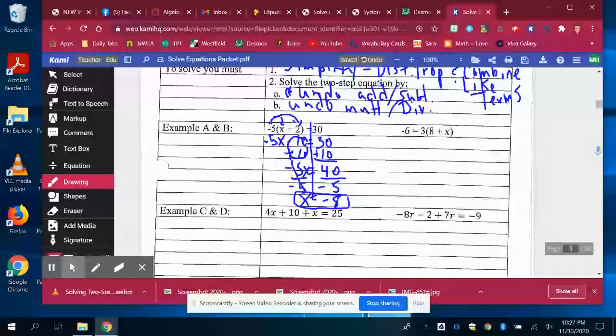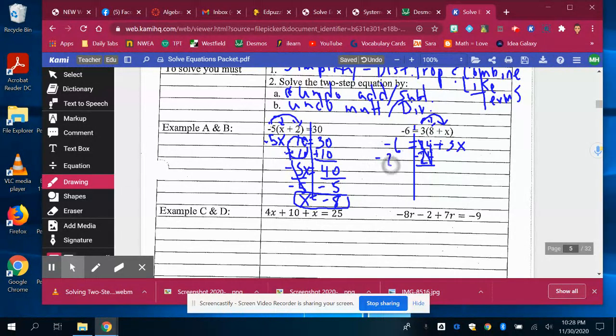Let's look at example B. Example B is very similar, except notice our distributive property is just on the other side. So I'm going to distribute 3 times 8 to simplify, and 3 times x gives me positive 3x. And this equals a -6. I'm then going to get rid of my constant term by subtracting it because I have a positive 24 over here. To get rid of it, I subtract 24. 24 minus 24 is 0.